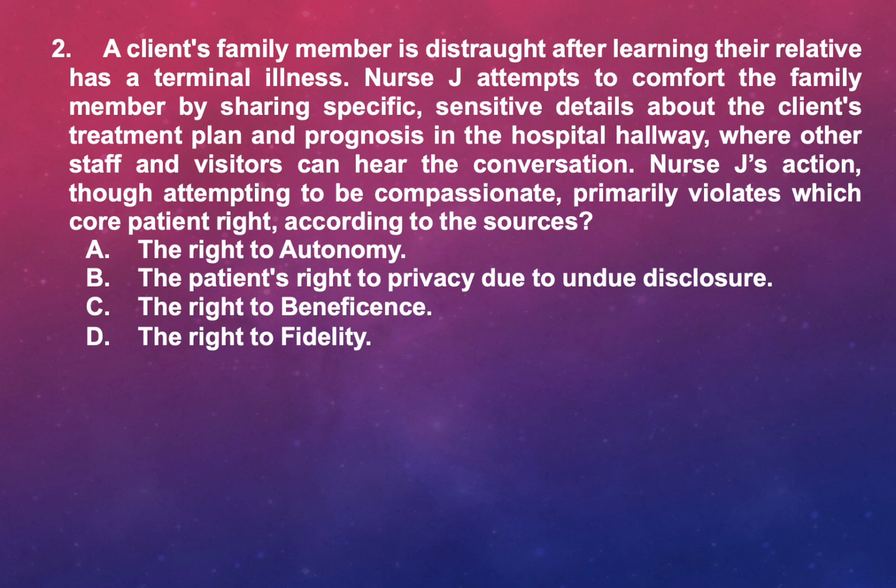Even if the information is shared with a family member, disclosing it in a public space like the hallway is a violation of the client's confidentiality. And the patient's record is covered by privileged communication. Furthermore, discussing a resident by name in the cafeteria is specifically cited as a breach of confidentiality.